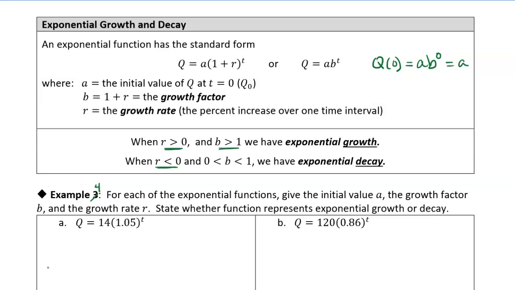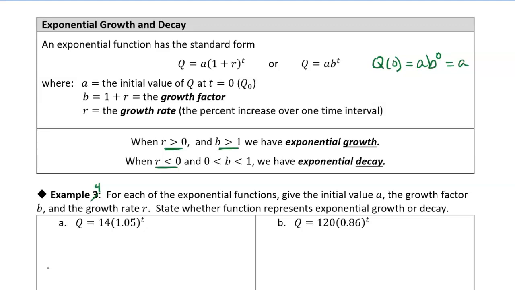If r is negative, we saw an example of this with the caffeine, because the caffeine was being eliminated, and we saw exponential decay. So when r is negative, then b is between 0 and 1. I think in that caffeine problem, we had a growth factor of 84% because 16% of the caffeine was being eliminated every hour.